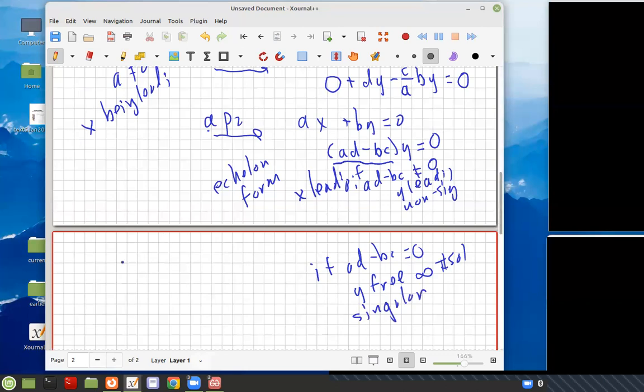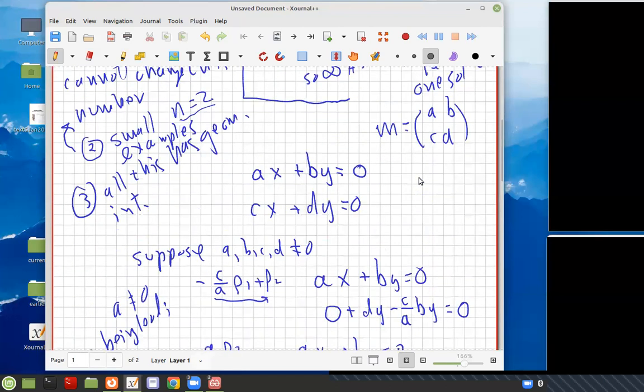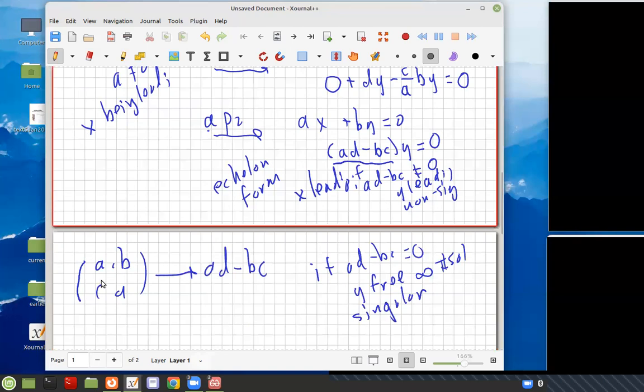So this is a candidate sort of map, taking A, B, C, D to AD minus BC. And we've seen that it does the right thing, and you can see also that we know from this connection that this matrix is not going to have an inverse.